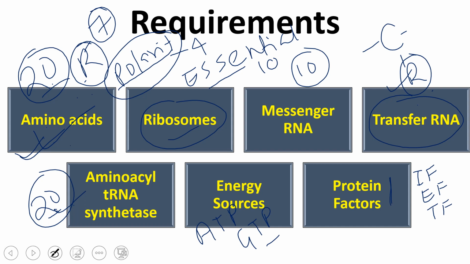When we are talking about prokaryotic system, we simply use the terms IF, EF and TF. And when we are talking about eukaryotic system, a small e will be used as a prefix. So it is eukaryotic initiation factor, eukaryotic elongation factor, eukaryotic termination factor. So these are different protein factors we require during the course of protein synthesis.